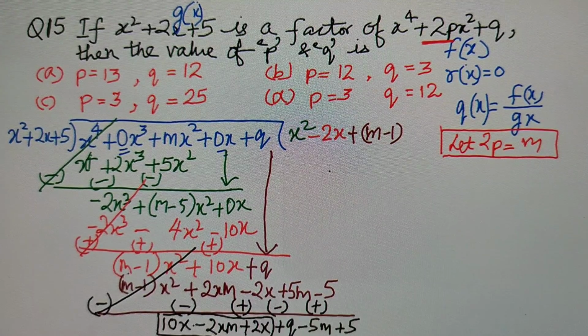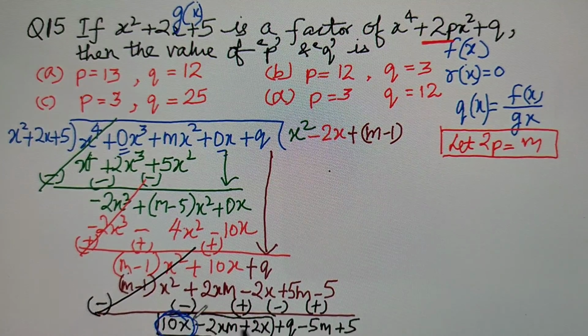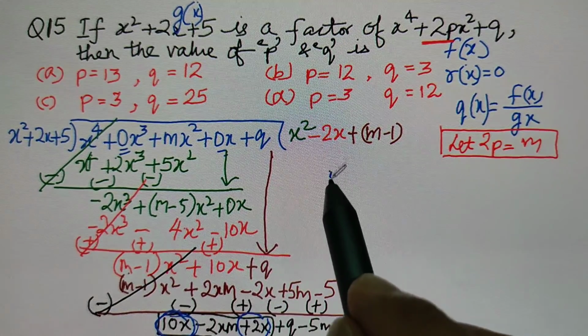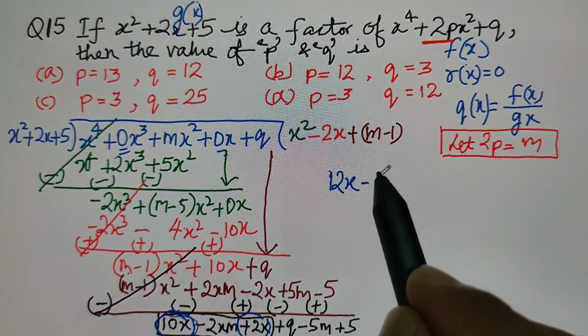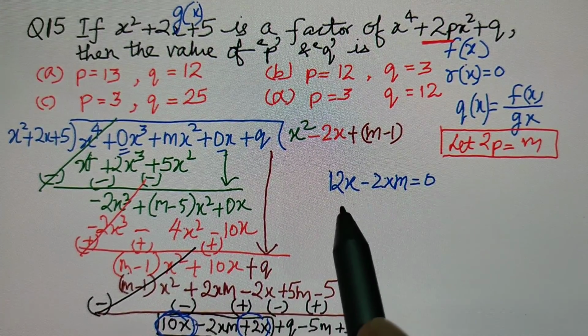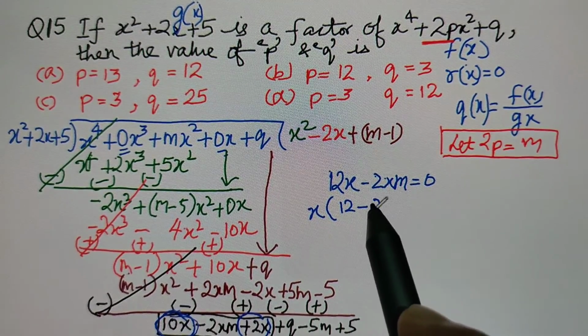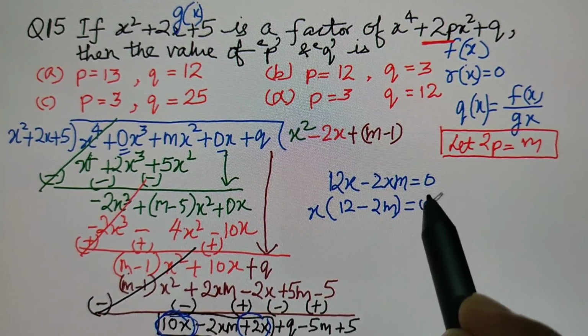So I've got 10x plus 2x, which is 12x, minus 2xm, which is equal to 0. Fine. Taking x common, I get 12 minus 2m, which is equal to 0.